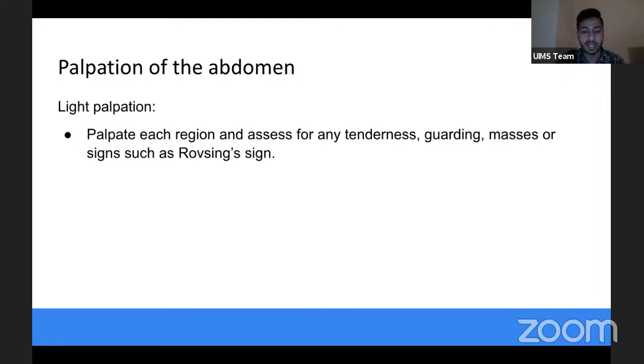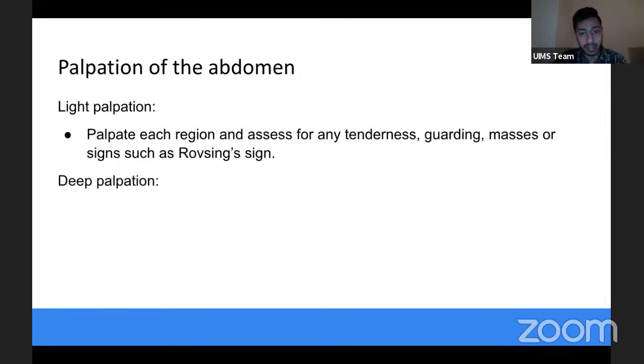Rovsing sign is historically the most well-known sign linked to appendicitis, and it's usually due to palpation of the left iliac fossa, which causes pain to be experienced in the right iliac fossa. Obviously, you have McBurney's point as well, which is more specific for the appendix.